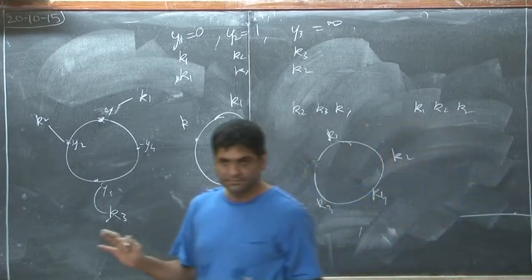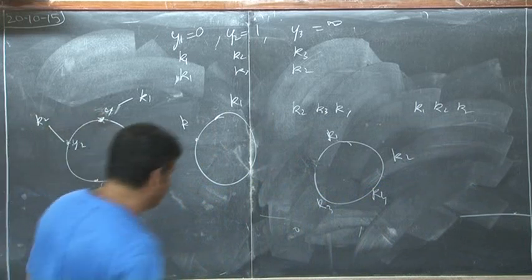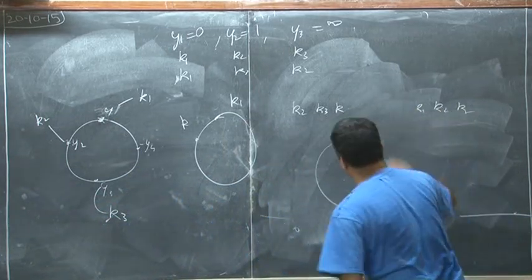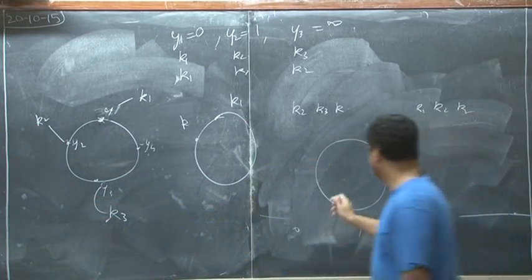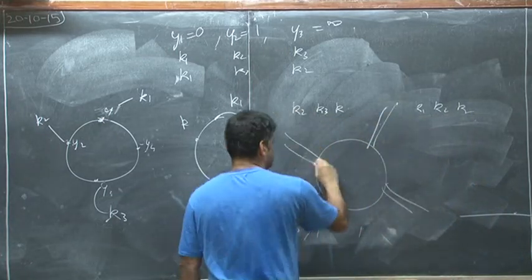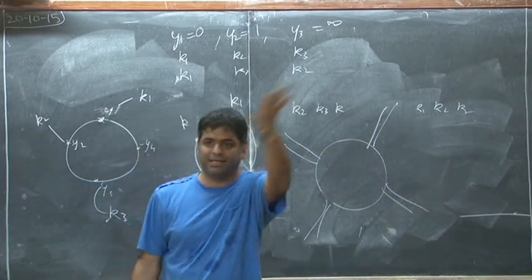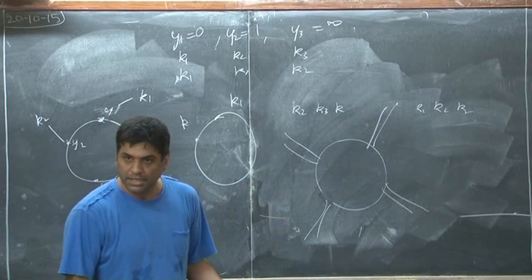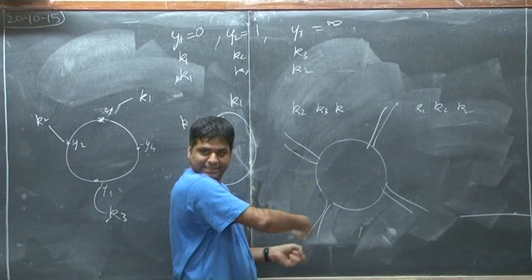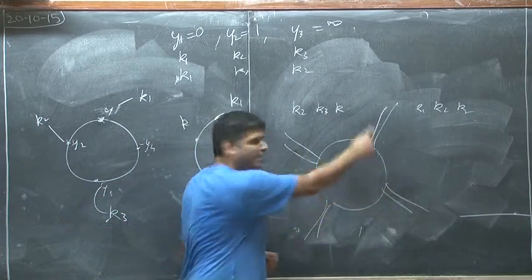If this was confusing, let me say it again. We had a scattering amplitude on a disk, and we had particles coming in. These particles carried momenta K1, K2, K3, and K4. What we're supposed to do is to look at all possibilities of orderings: K1, K2, K3, K4; K1, K3, K2, K4; and so on.